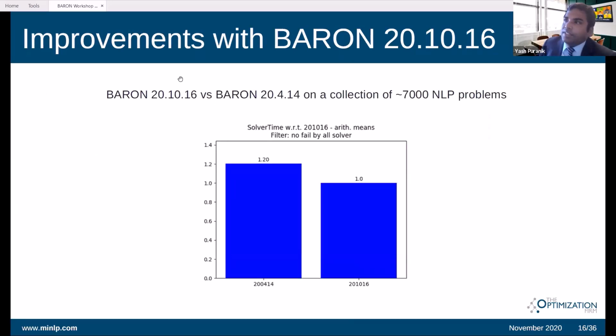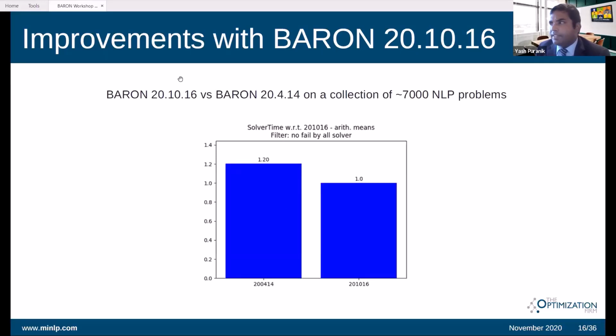The previous BARON version before 20.10.16 was released on April 14th, so it was roughly a period of 6 months before the last release. We're trying to compare the improvements we've gotten in BARON's performance over the last 6 months.